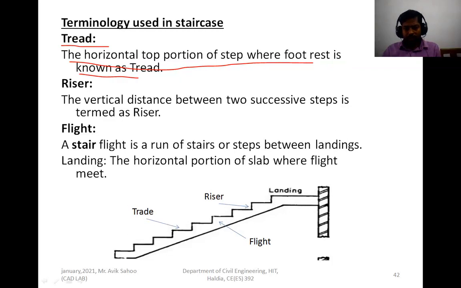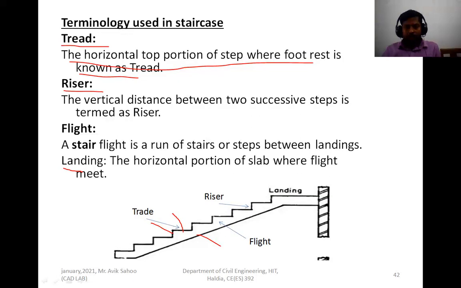It means this portion is called the tread. And the riser, the vertical portion of the step, is called the riser. The flight, the inclined portion, is called the flight, the run of steps between the landings.